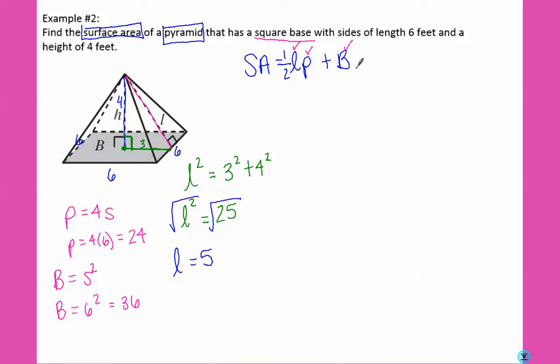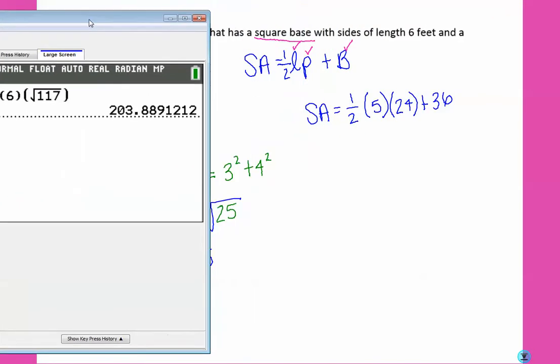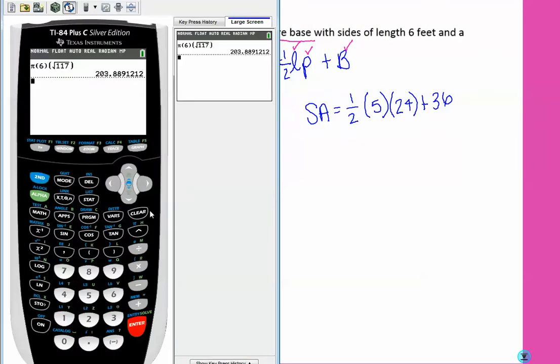Check. Now we have all 3 of our variables. So the surface area will equal 1/2 L, which is 5, times P, which is 24, plus big B, which we found to be 36. Type it all in our calculator.